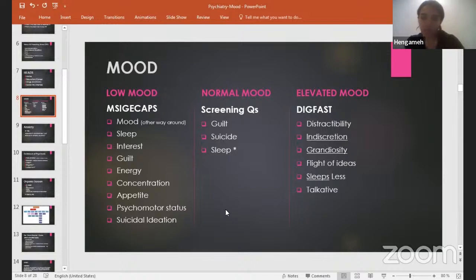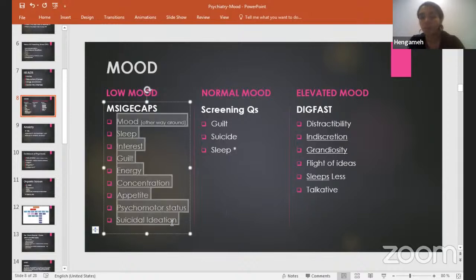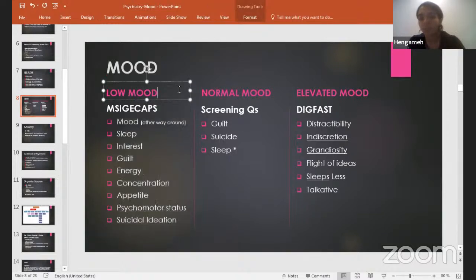So if a patient is having a low mood, we need to ask for how long and the AMC caps to see whether they meet the criteria for MDD. If there's 4 or 5 of them present, no need to ask the rest of it. Why? Because that already makes it an MDD.